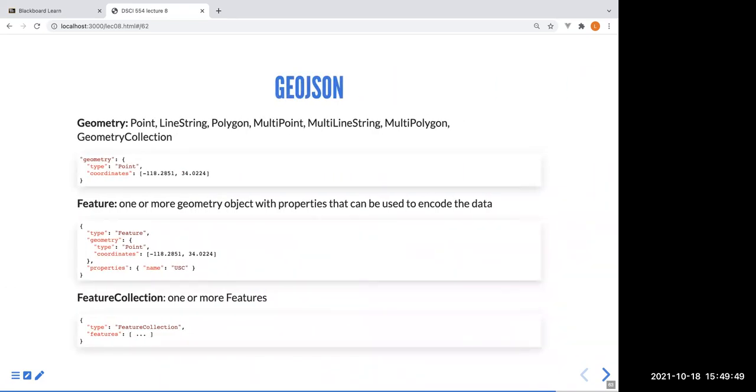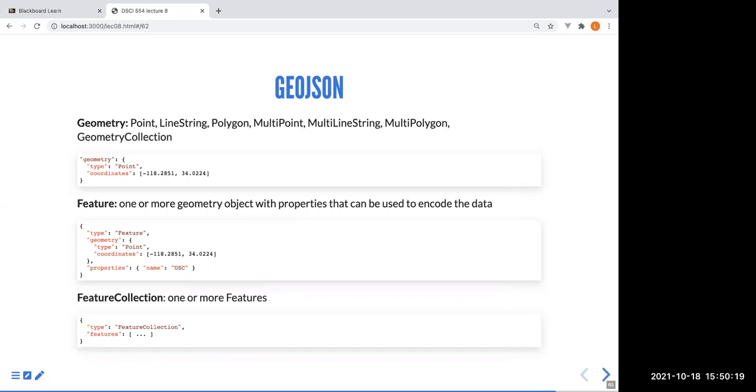And in fact, you can specify a GeoJSON file by just these three properties. The first one is the geometry, and you have a choice between points, line strings, polygons, etc. Most used are probably the point for points of interest, and the polygon for boundaries of states and countries.